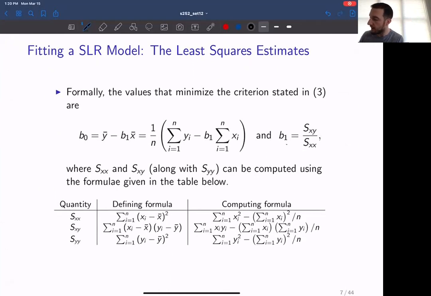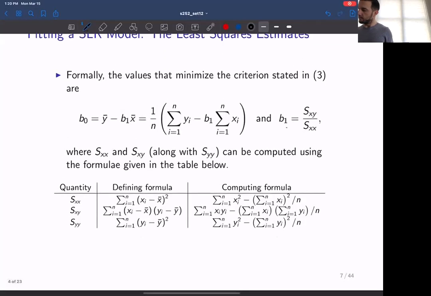And Sxx is simply the sum of the squared differences between xi and its mean. So these are basically just the numerators of the variance and covariance estimates for X, Y, and XY respectively.